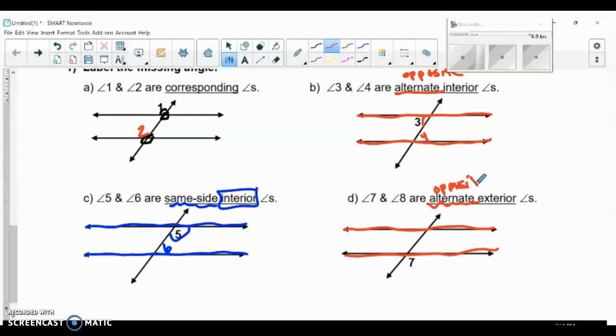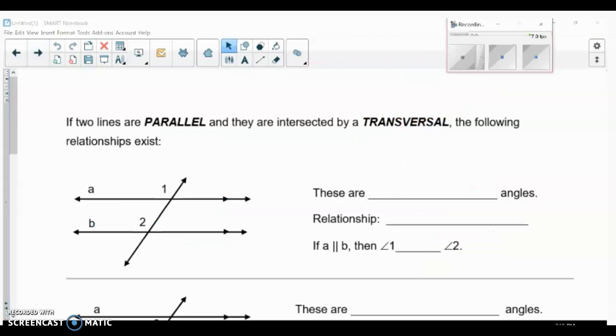So we want something on the outside of the railroad tracks. So 7's right there, and the one on the opposite side of the transversal, and still on the exterior, will be that one up there. Cool. So let's move along to the next page.